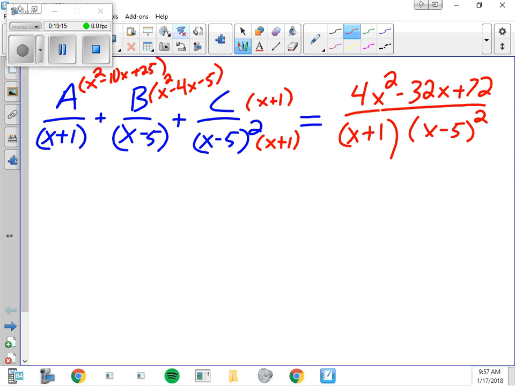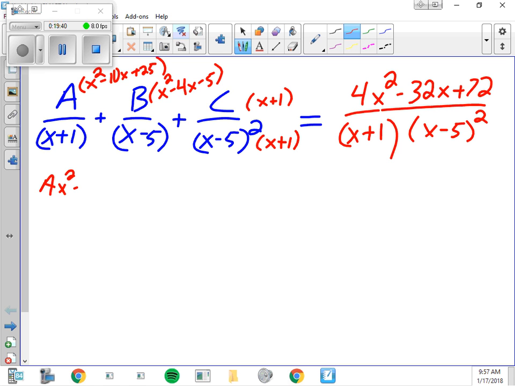All right, now this is going to give me one big long equation, and then I will take that big long equation and turn it into a 3-variable system. So I have a's, b's, and c's, which means I'll have 3 equations. My equations will be a constant equation, an x equation, and an x squared equation. So I write it all out.